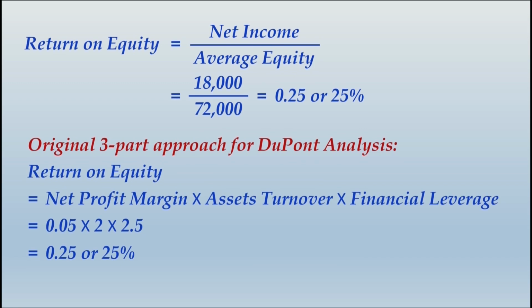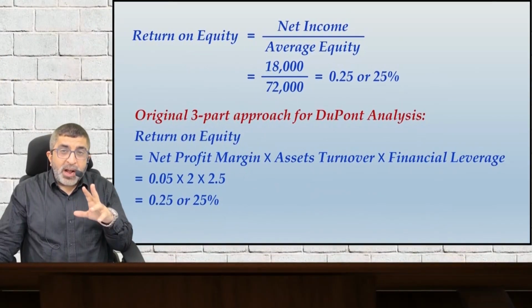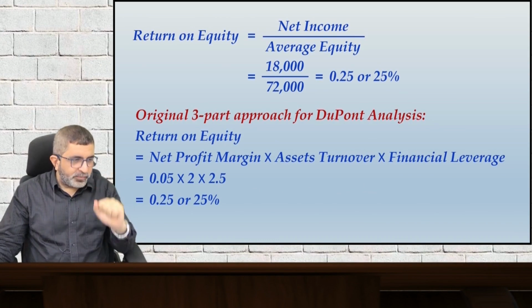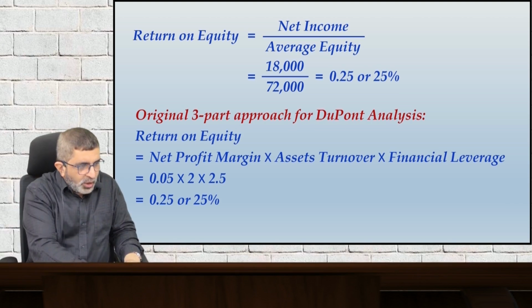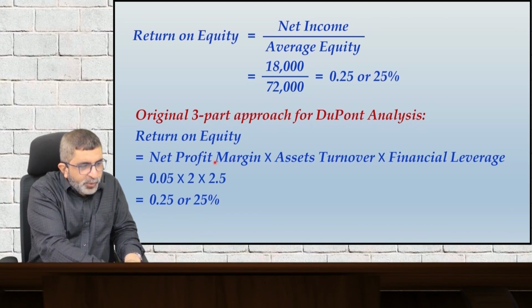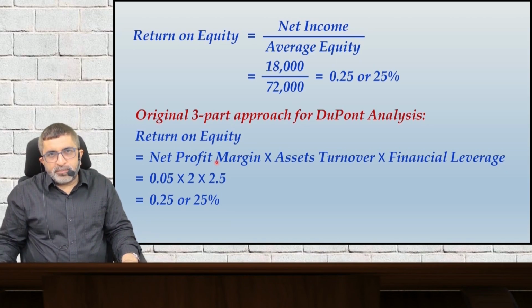Now we have just discussed the original 3-part DuPont equation, that is this one. If we go to the extended DuPont analysis, look at this equation. We are going to further break up the net profit margin into multiple components.